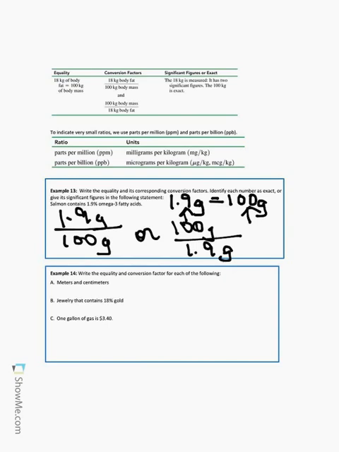This is very similar to the previous example. There are 100 centimeters in 1 meter. So the equality is 100 centimeters equals 1 meter. The conversion factor is 1 meter over 100 centimeters, or 100 centimeters over 1 meter.